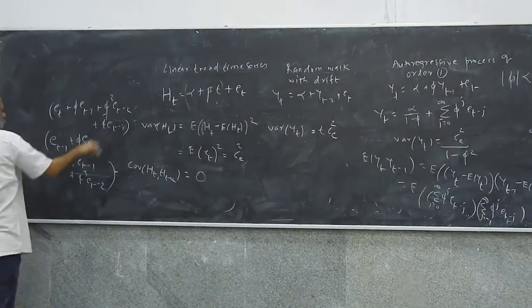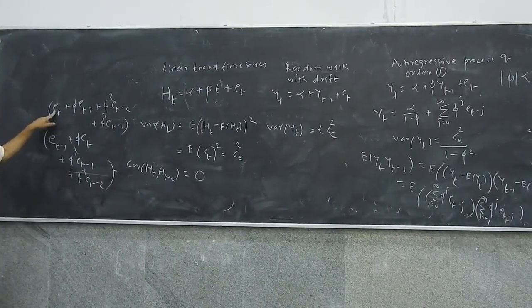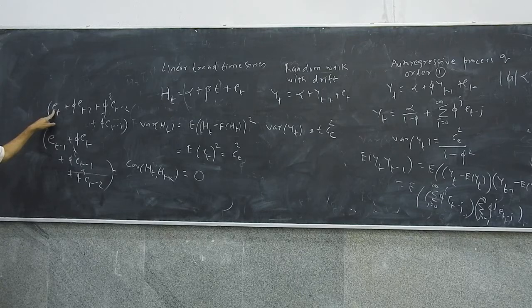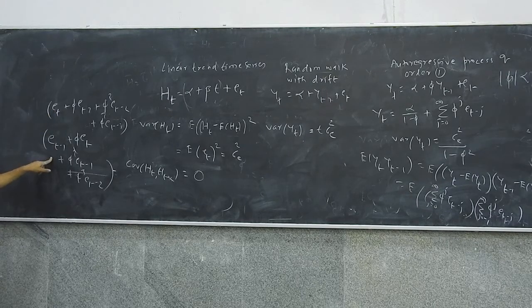If you first multiply e_t with all these terms, there will be no common term because there is no e_t here. So all the expectations will be 0. If you multiply phi e_{t-2}, what will you get?